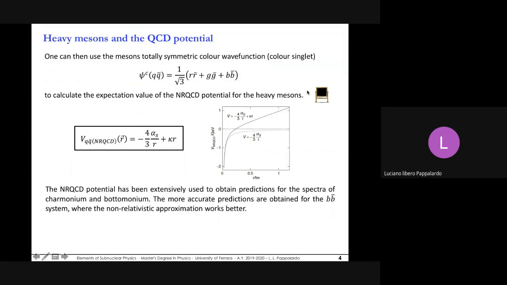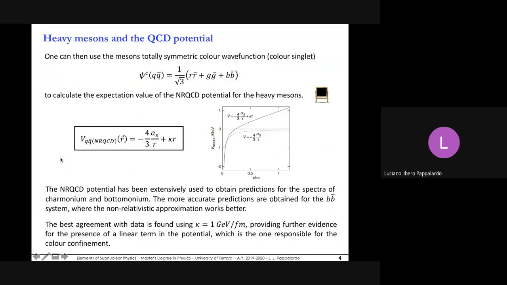All these expectations have been obtained by using this very simple non-relativistic potential, but the states are still waiting to be discovered experimentally. This potential is relatively accurate for the charmonium, but it is much more accurate for the bottomonium, because the non-relativistic approximation is even better due to the high mass of the bottom quarks.